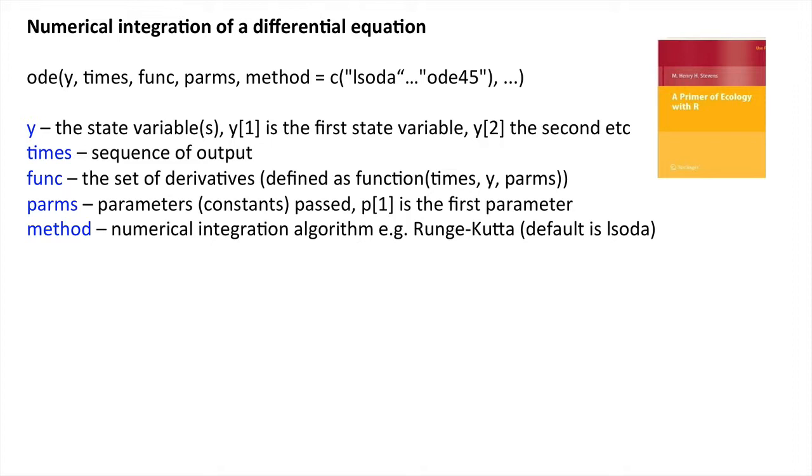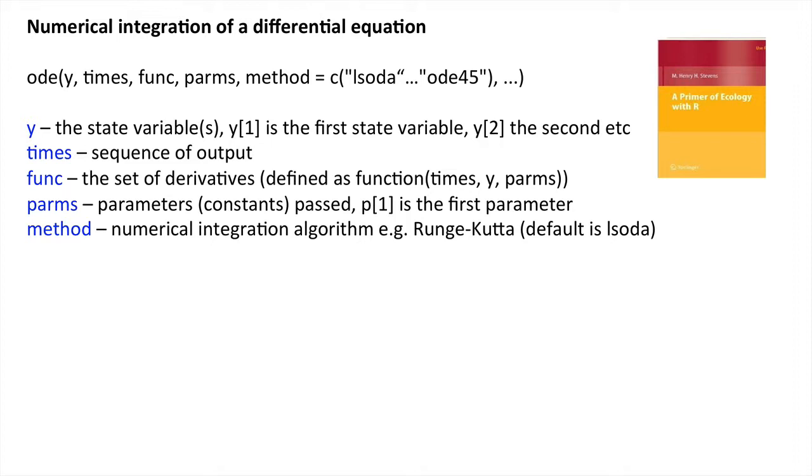The function gives us the set of derivatives that we simply want to numerically integrate, and we'll have a look at the way that function is defined shortly. Now, when you've got a set of derivatives, then typically there are parameters, things like your intrinsic rate of increase or your carrying capacity. These are typically considered constant, and they're often termed p, and they're the parameters that are part of that function.